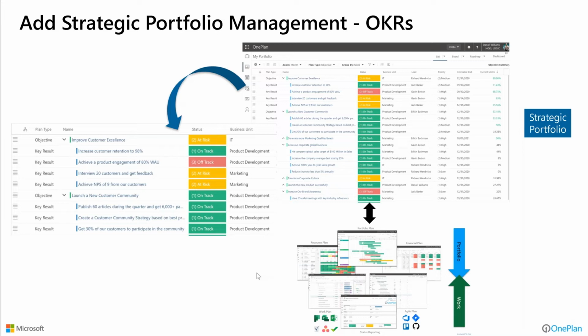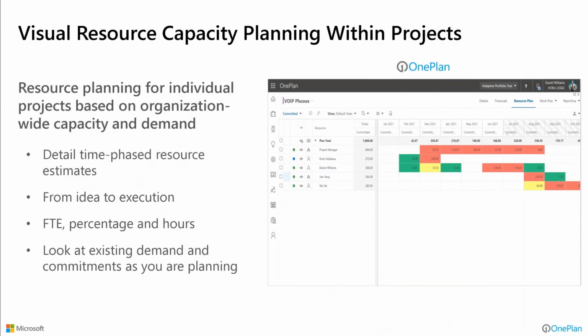Again, if you decide to take on an initiative, cancel, or put on hold an initiative, then how is that going to impact the overall OKRs of the organization? So this is directly related to strategic execution management, which is one of the use cases of the strategic portfolio management.